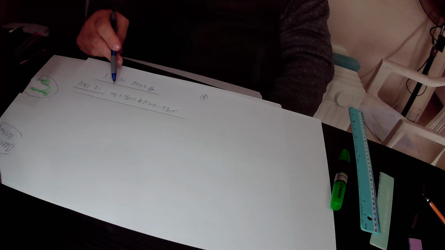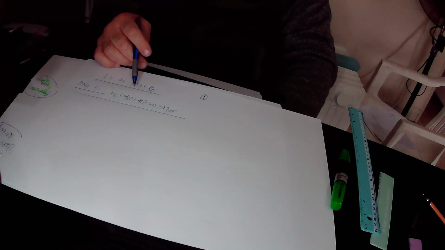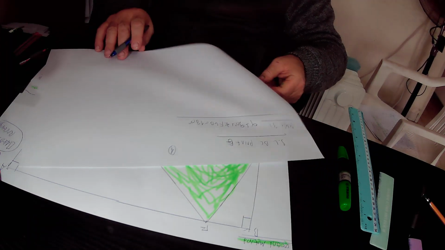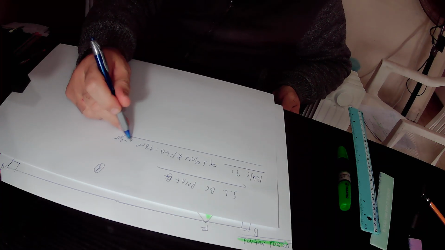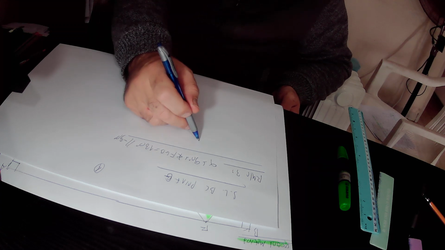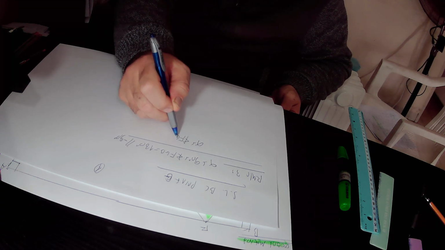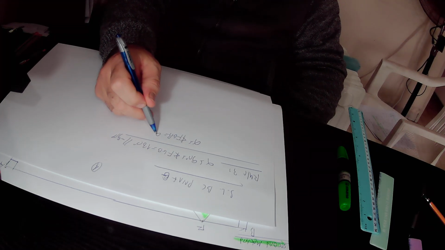So here we subtract 90 degrees from this equation, and you get that alpha plus the missing angle FGB is equal to 180 degrees minus 90 degrees, which is 90 degrees.